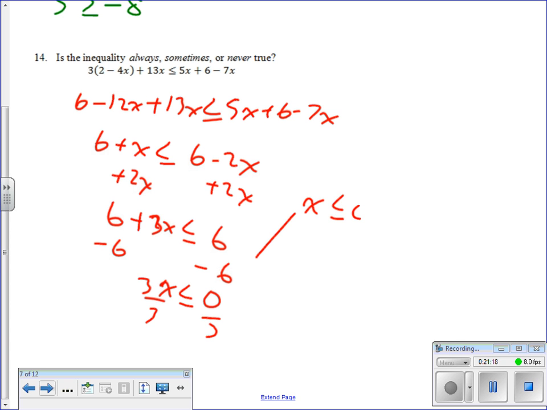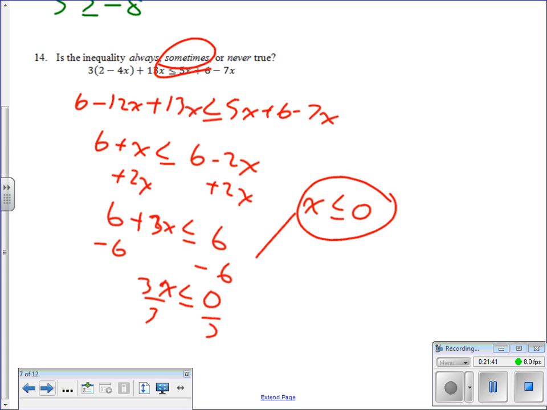X is less than or equal to 0. That would be a sometimes. It's true whenever x is less than or equal to 0. Whenever x is negative, or I should say, whenever x is non-positive, because less than or equal to 0 is not negative, less than or equal to 0 is non-positive. There's a difference.